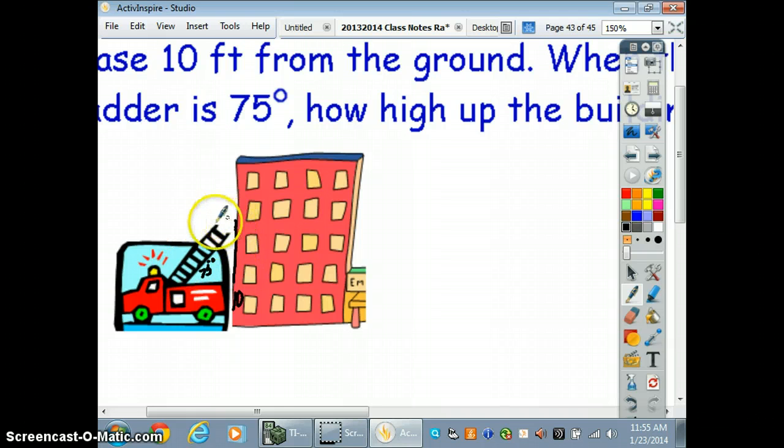That is how high, 92 feet. And I want to find out how high up the building is. Well, I'm first going to have to find this distance right here, x. Okay? Can you tell that triangle? Let me just draw it real quick out here. This ladder is 92. I'm finding x. And I know this angle is 75 degrees. SOHCAHTOA.